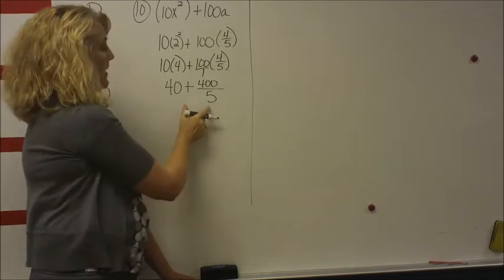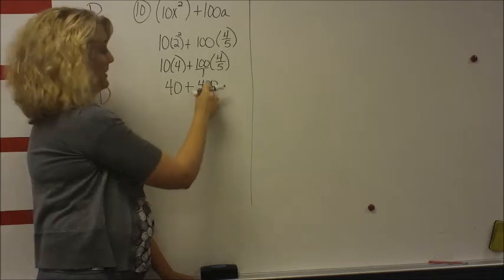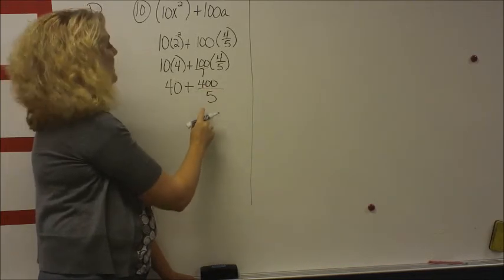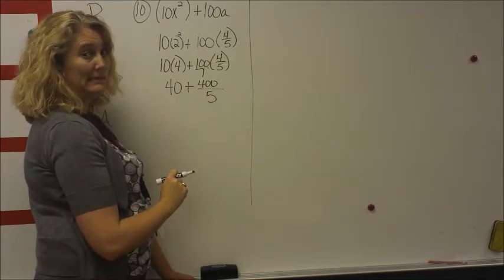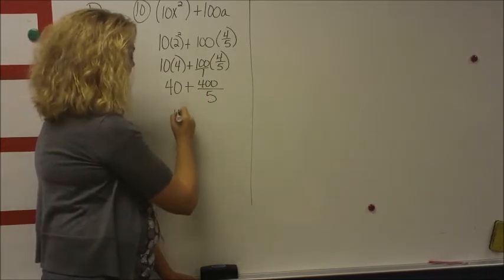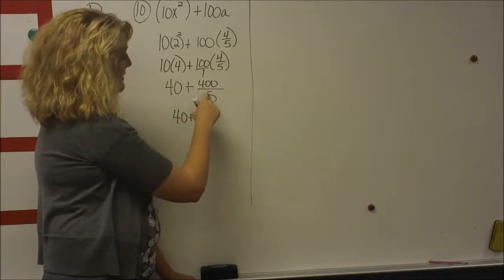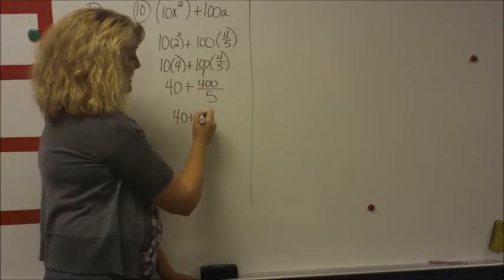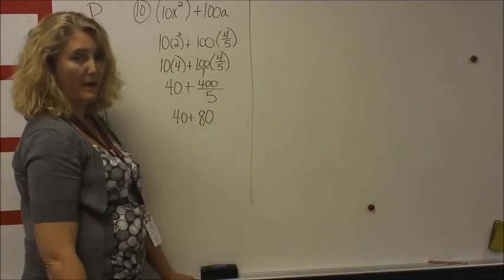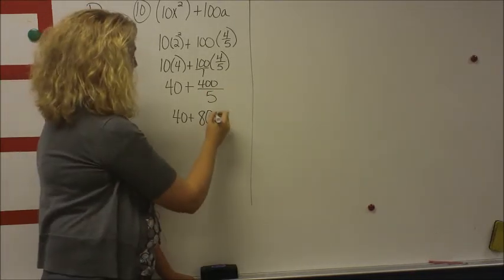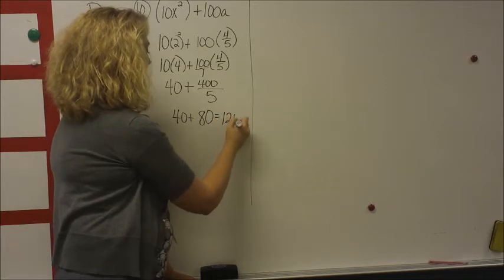Okay? Now before I can add these two together, I've got to do this division. What's 400 divided by 5? Let's see. 40 divided by 5 is 8. We add that 0. Right? Now I can add 40 and 80 and I get 120.